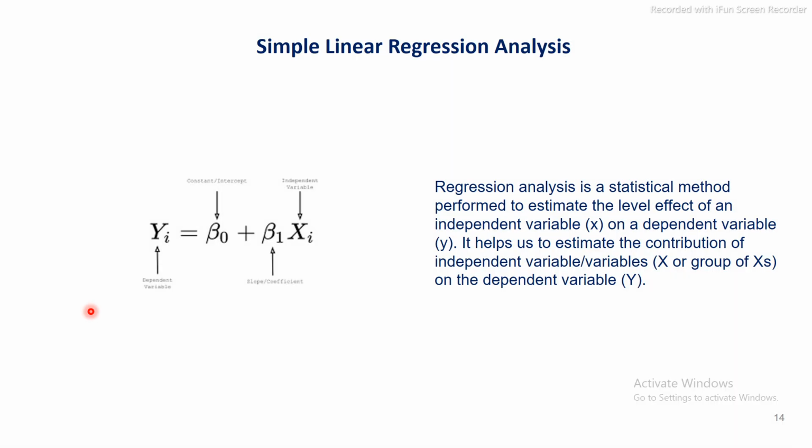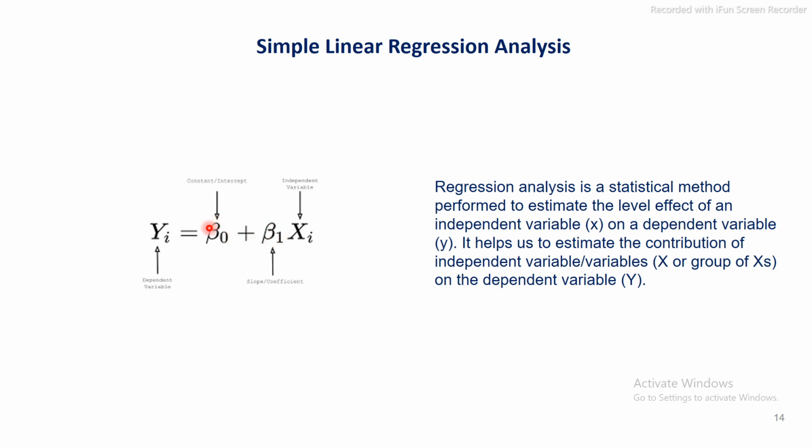y equals mx plus c, as I already said. y is your dependent variable, here let's say revenue. In mx, x is your independent variable and m is its coefficient, which we call the slope.